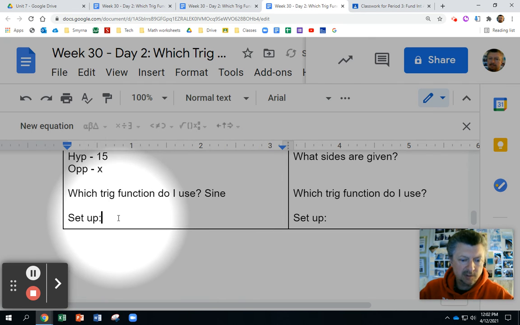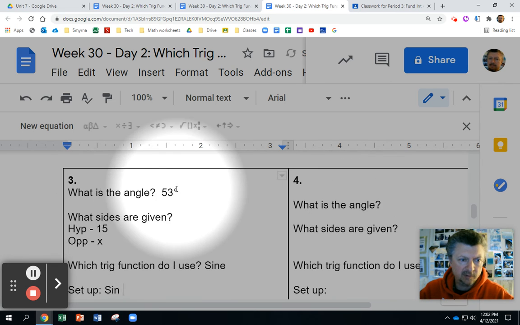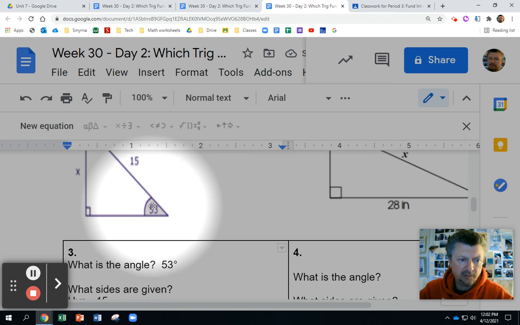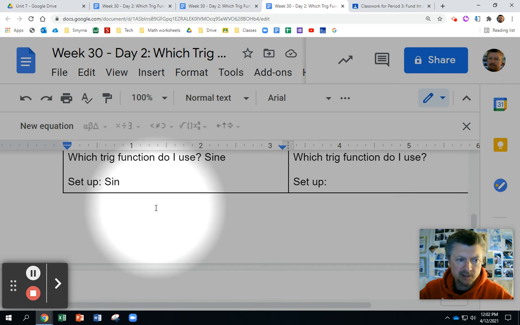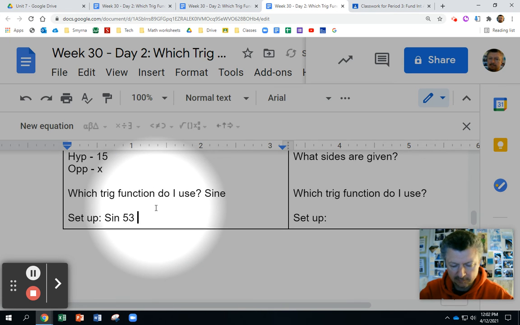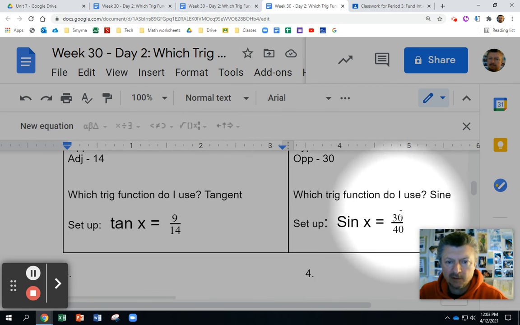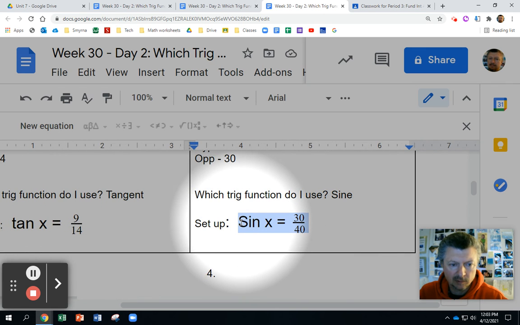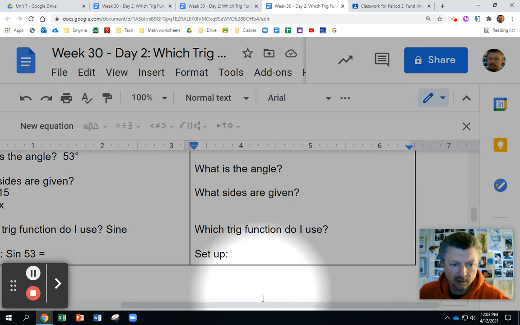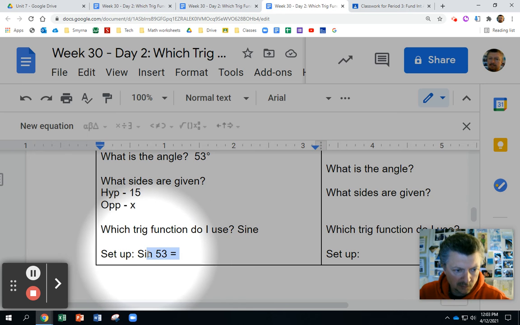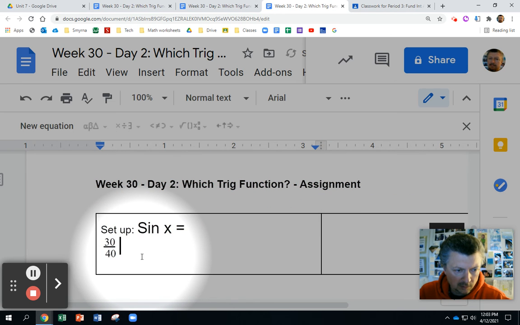The setup is sine of, and this time we have a number, 53 for the angle. Sine of 53 equals, and we have x over 15. I'm just going to copy this whole thing, so it'll be a larger font and everybody can see it.